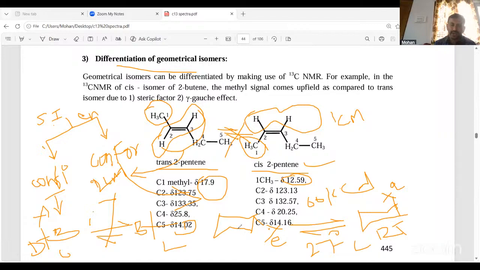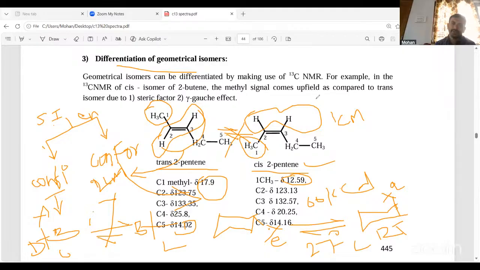But in the cyclohexane, there is very rapid interconversion, as we already discussed in the last class, studying the conformational isomers with the help of the C13 spectra. At a very high temperature, rapid interconversion takes place, so you will get only one signal for the compound, for axial and equatorial. At a very low temperature, minus 100 degrees Celsius or minus 40 degrees Celsius, you will get two signals.